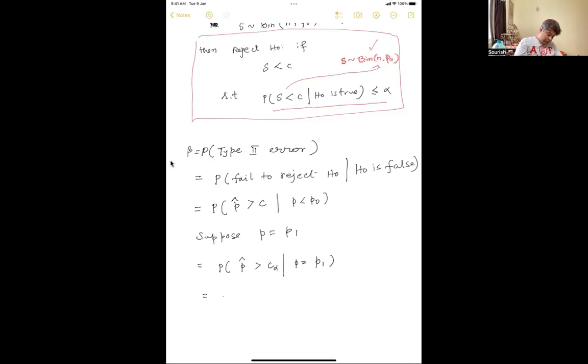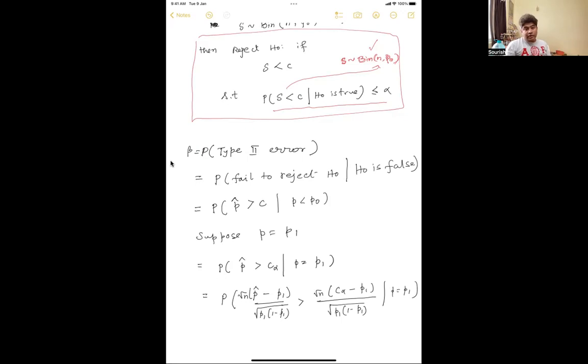So the probability that P hat minus P1 divided by the square root of P1 into 1 minus P1, times the square root of n, is greater than the square root of n times C alpha minus P1 divided by the square root of P1 into 1 minus P1, given P equal to P1. Are you all with me?